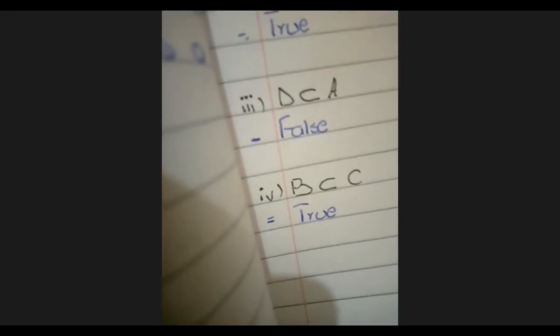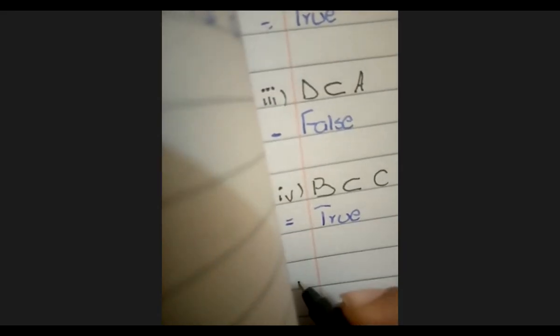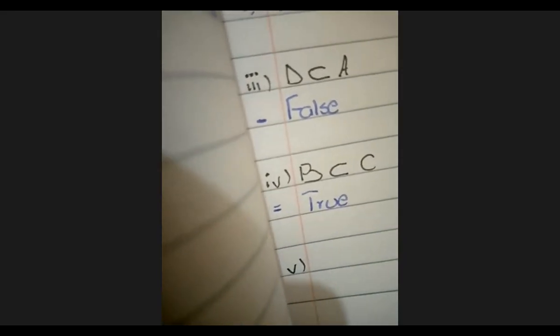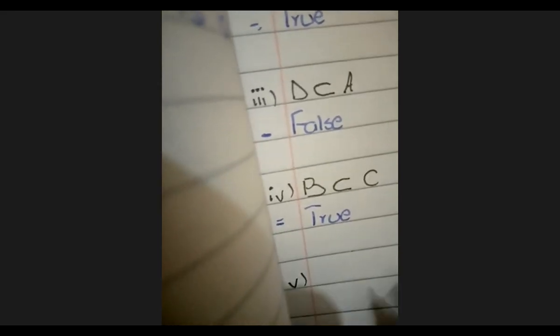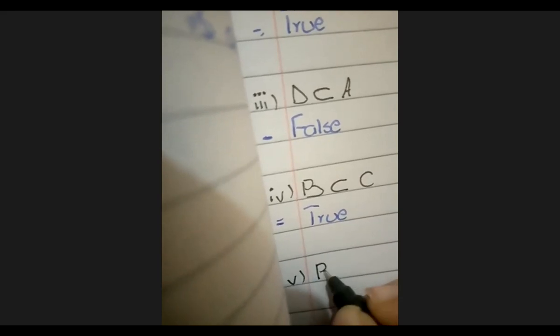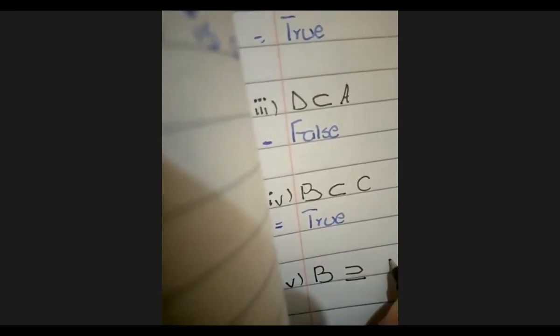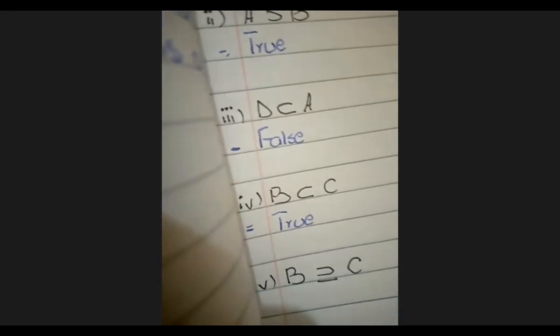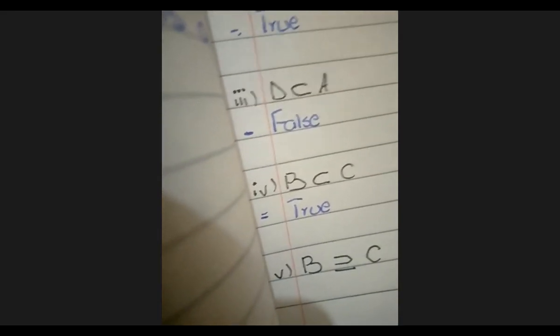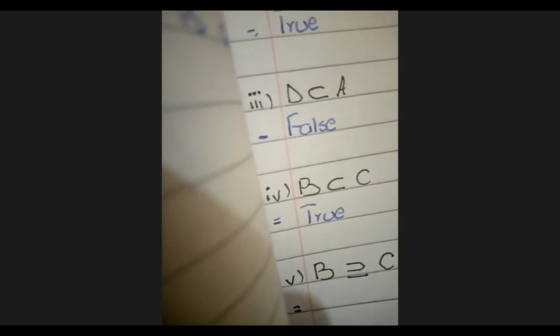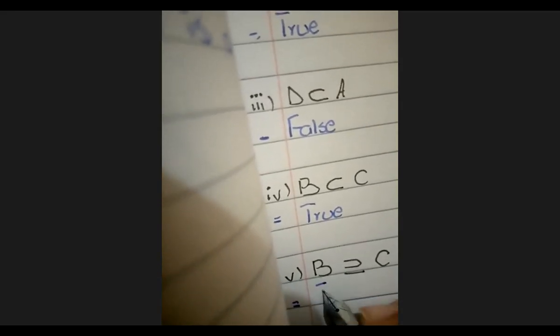Now part number 5: B is a superset of or equal to C. True or false? The answer will be true.